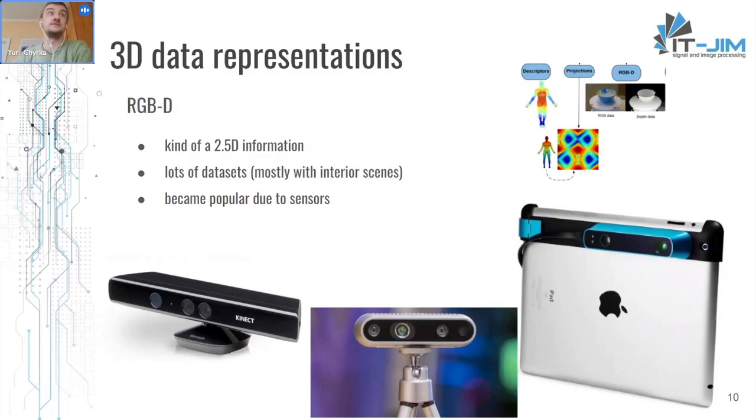They are Microsoft Kinect system, Intel RealSense, and structure light sensor for iPad. And if someone of you still doesn't know, all of these sensors are available in our office.